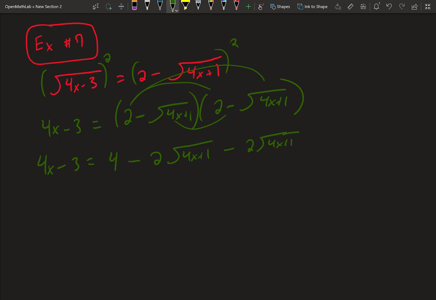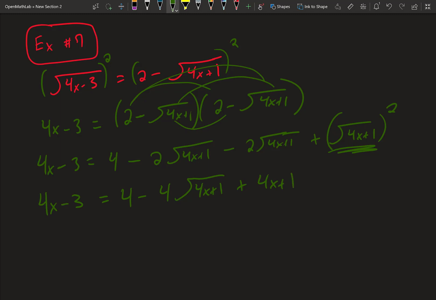And then lastly, multiplying the last two together gives me plus, because negative times negative is positive, and then we have the square root of 4x plus 1 quantity squared. So this gets me 4x minus 3 equals 4 minus 4 square root of 4x plus 1 plus, and here the squaring of the square root, they're going to cancel out, so I'm left with 4x plus 1.